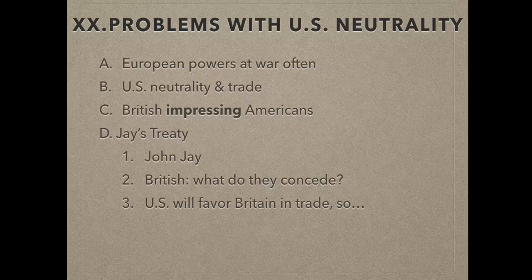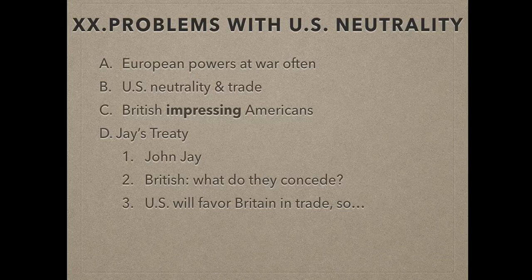So the main issue in this treaty is going to be this number 3 here. The U.S. will favor Britain in trade. So what I would write after that is, so the U.S. is favoring Britain over France.